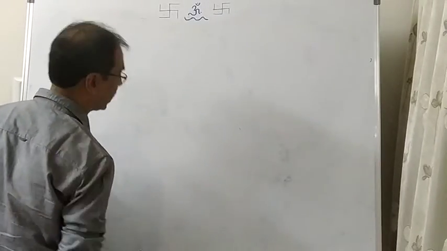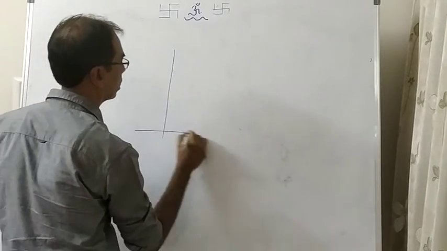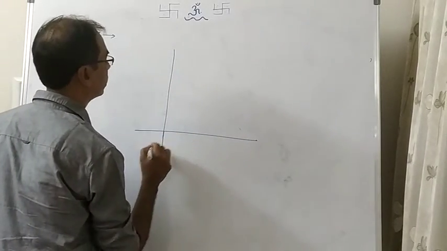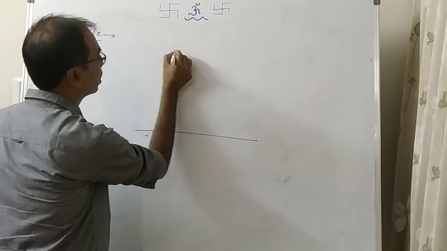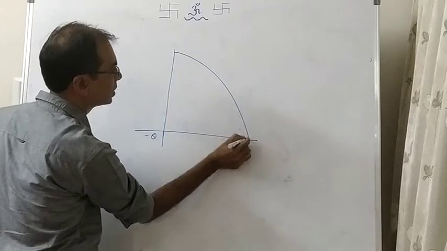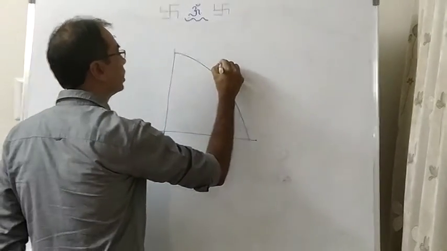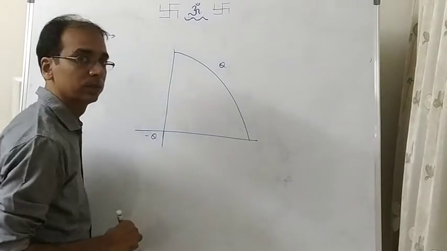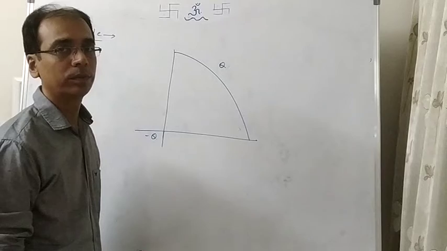If we do something like this, and if I keep here charge minus q, and this is a quarter of a ring, and on this quarter of a ring charge is plus q, and we have to find what is the net dipole moment now.